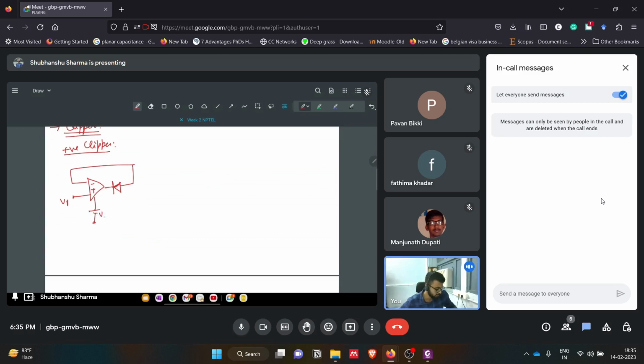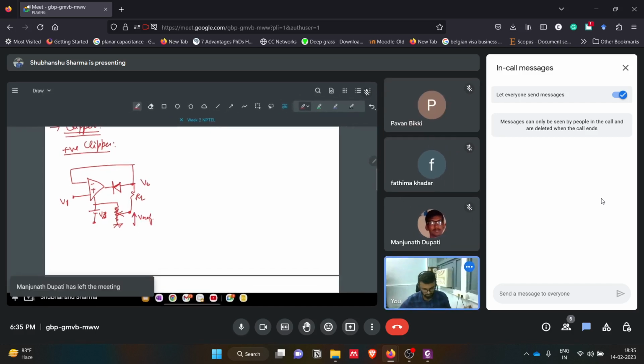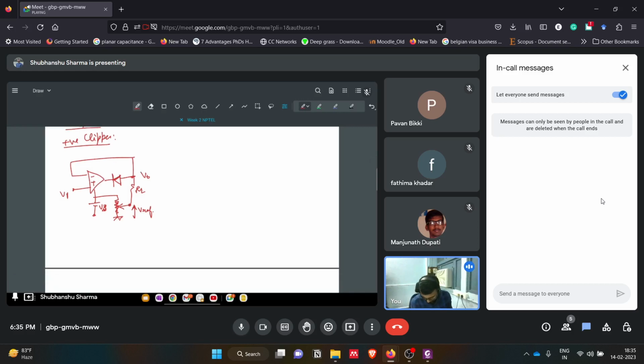The supply voltage is VSS. We have a voltage divider circuit with a potentiometer, then a load resistance, and this is V naught and this is the Vref voltage. Stage by stage I will tell you what is going on in this clipper and how we analyze the circuit. This is diode D.